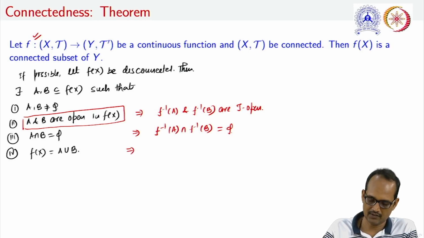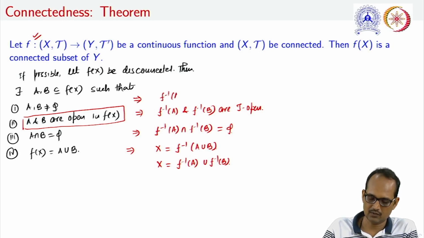And finally, this X can be expressed as inverse image of A union B under f, that is X is equal to f inverse A union f inverse B. Also, A and B are non-empty.